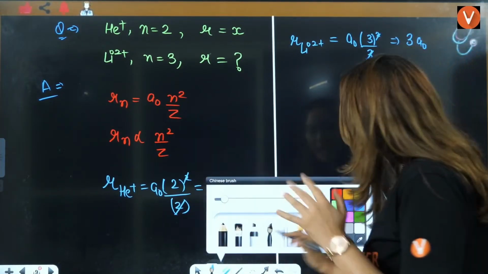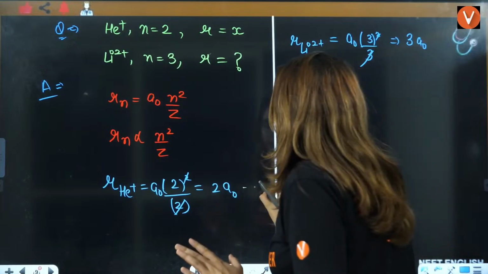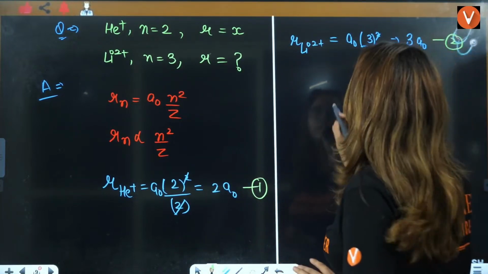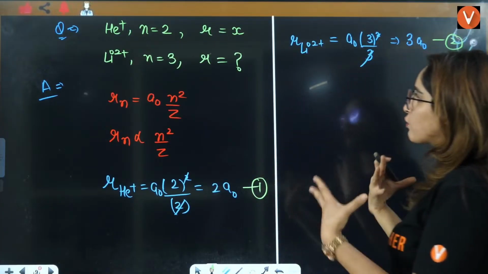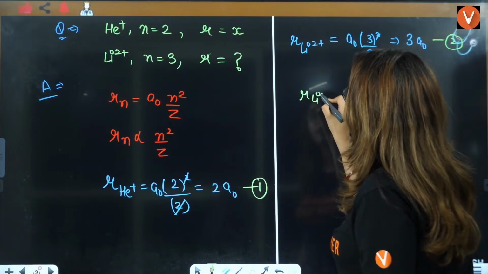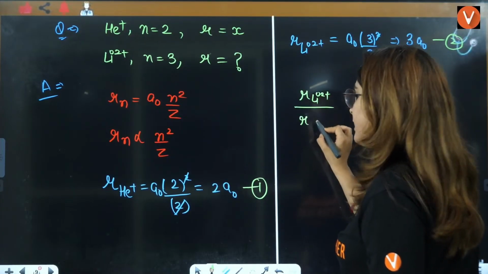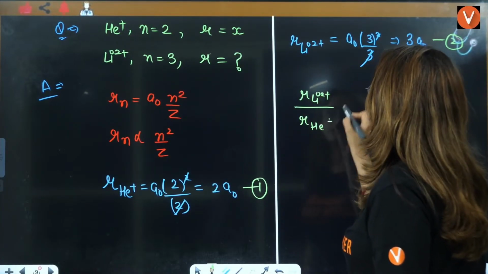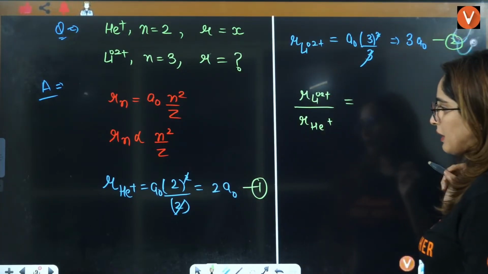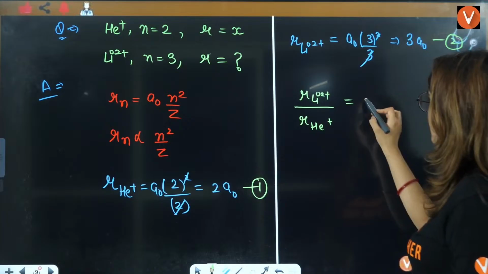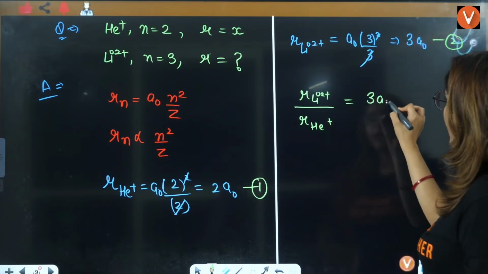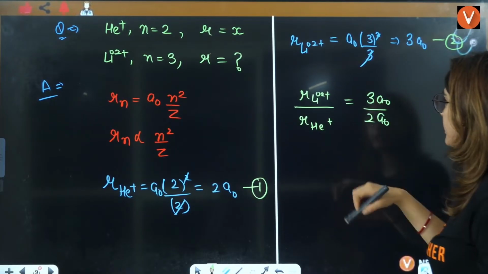Right? Now I'll take the ratio. This is, let's say, 1. This is, let's say, 2. Now I am taking the ratio, that is what I need to calculate. They are asking you for lithium. So radius for lithium 2 positive divided by radius for helium positive: for lithium it is coming out to be 3 a naught and this is coming out to be 2 a naught, right?